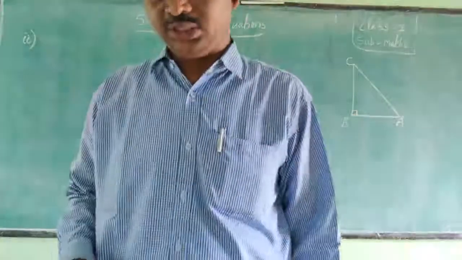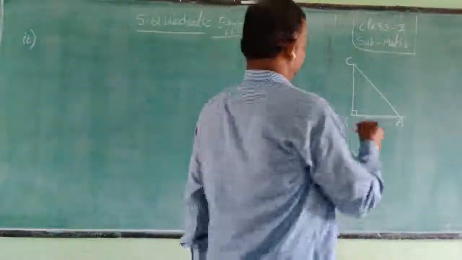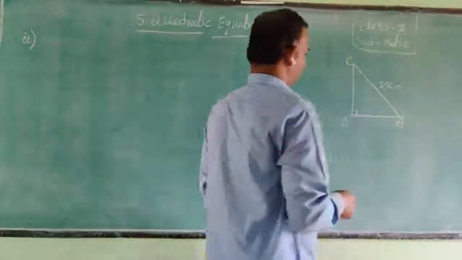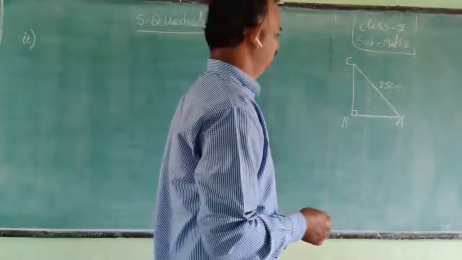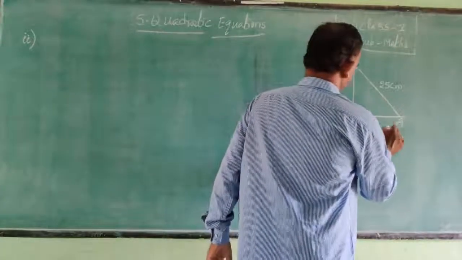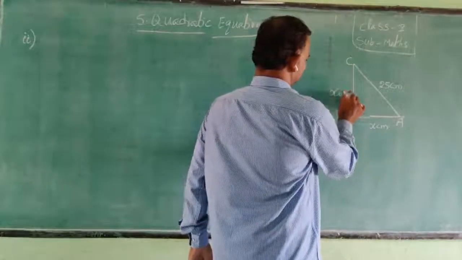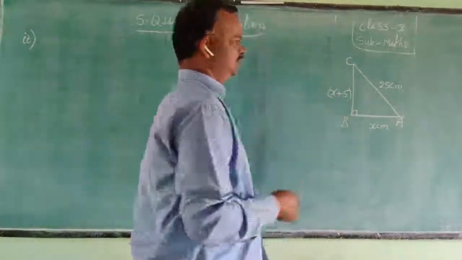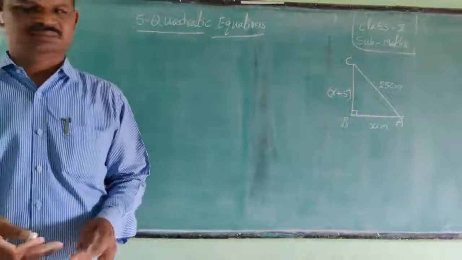Here the hypotenuse is 25 centimeter and the difference between the two sides is 5 centimeter. So one of the sides is taken as x centimeter and the remaining is x plus 5 centimeter. Take any one, x plus 5 or x minus 5.